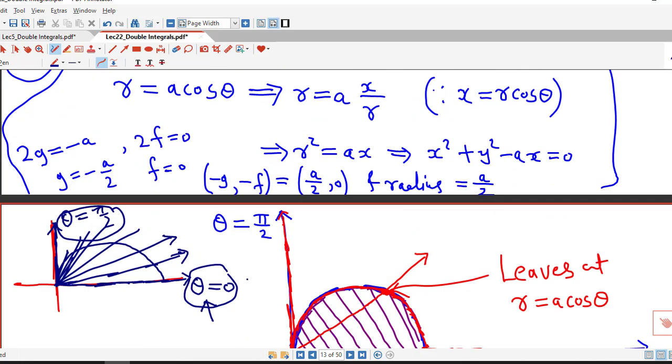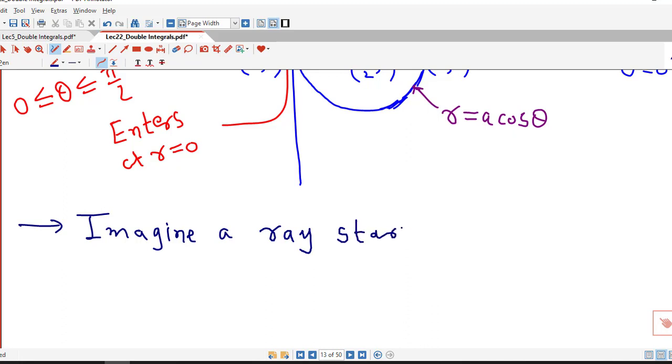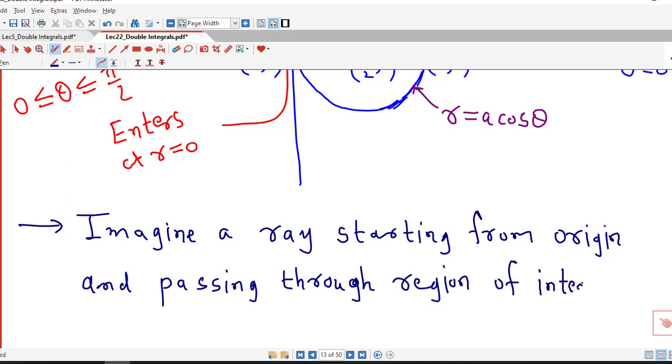So now we have decided limits of integration. So we can write down, for limits of r, we imagine a ray starting from origin and passing through region of integration.